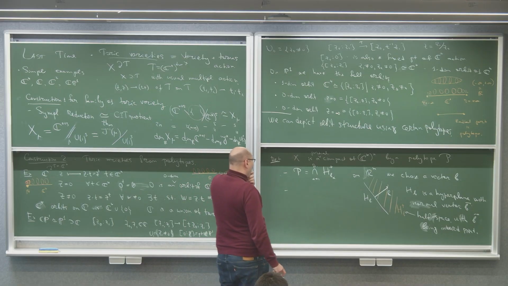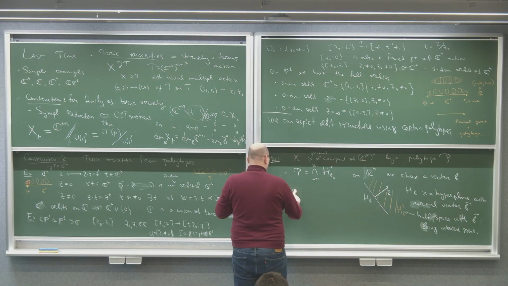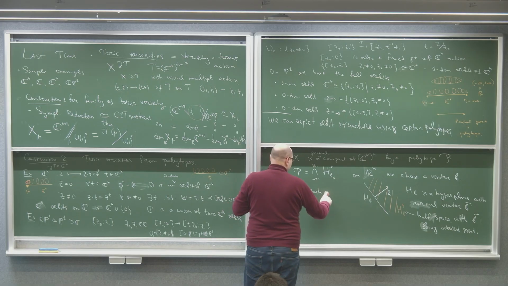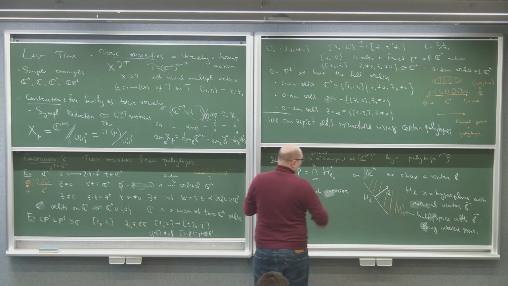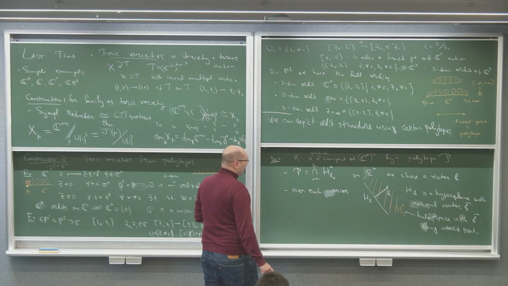So now the more interesting part is what to do with the angular part. So over each interior point of this polytope, we have S1 to the power n fibers. For this polytope, we have some boundary points and some interior points.